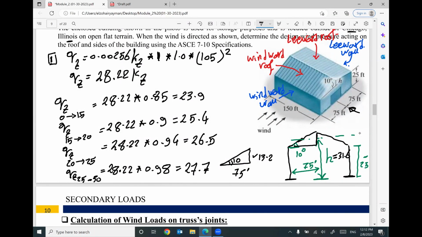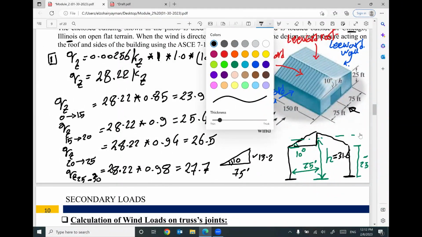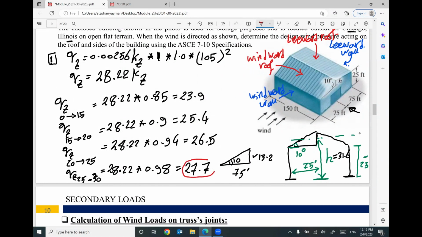Keep in mind, since H equals 31.6, which is very close to this level, I'm going to assume this value is a special value. This value will also be called Qh.